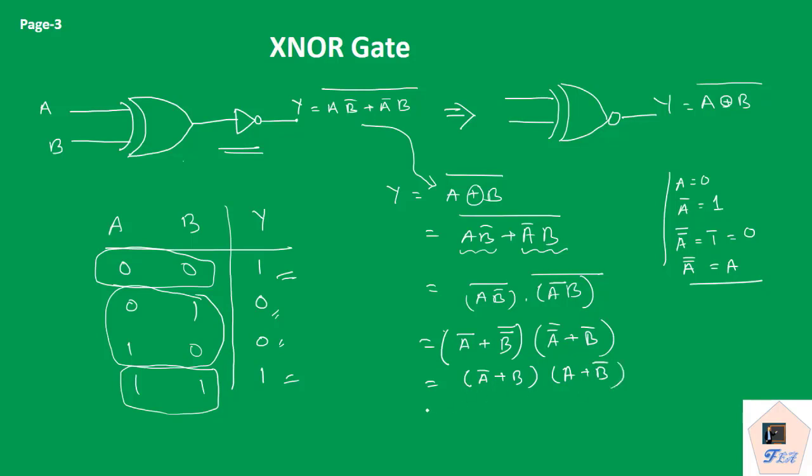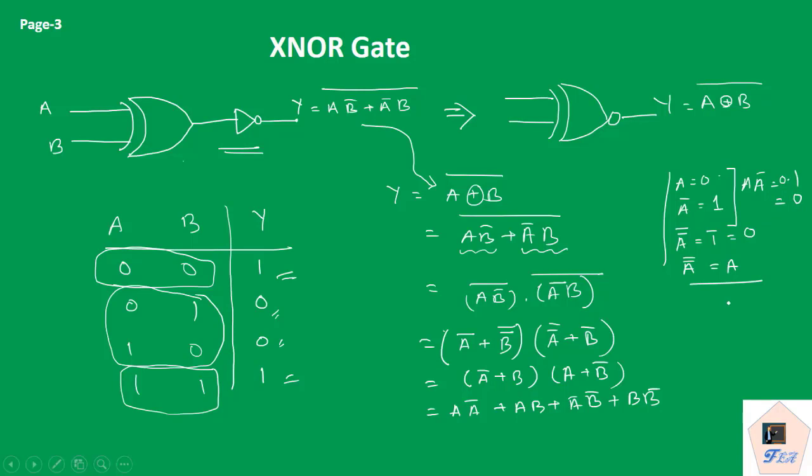Now if we multiply these two, expanding this, we are getting A bar A plus A bar B bar plus AB plus B bar B. So again, what is this A bar A? Suppose A equal to 0, then A bar equal to 1, so effectively we are getting 0 times 1, that is 0.